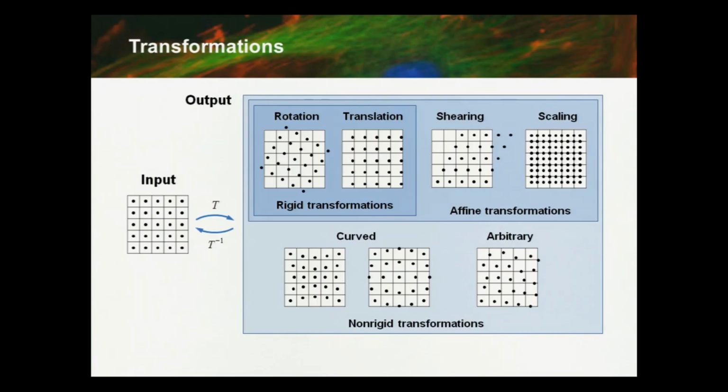So talking about transformations, that's another question you have to ask yourself. How many degrees of freedom do I allow in trying to make one image align with the other? If you know beforehand that the transformation is rigid body, so only translations and rotations, then it's a much simpler problem.